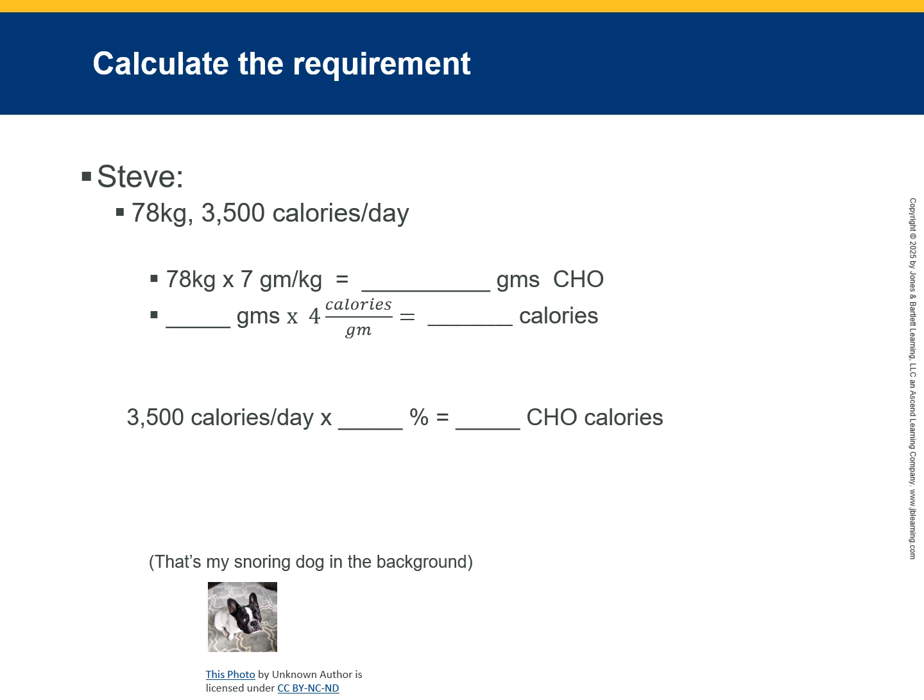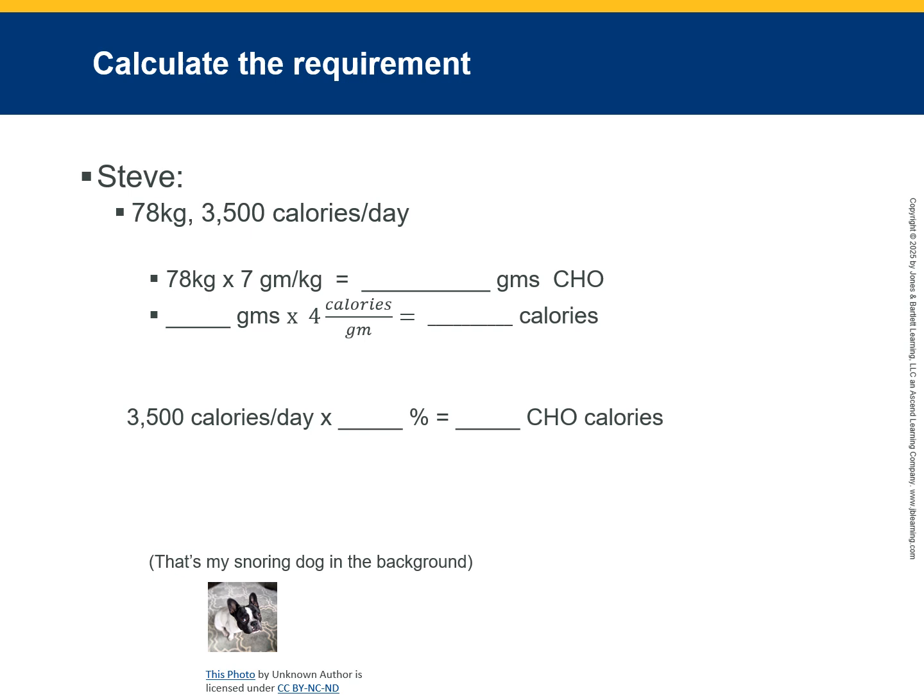We're looking at, for this individual, 5 to 7 grams. I'm just going to calculate 7 here. So as we look at just body weight times 7 grams per kg, boom, we right away get his value, and that's 546 grams.